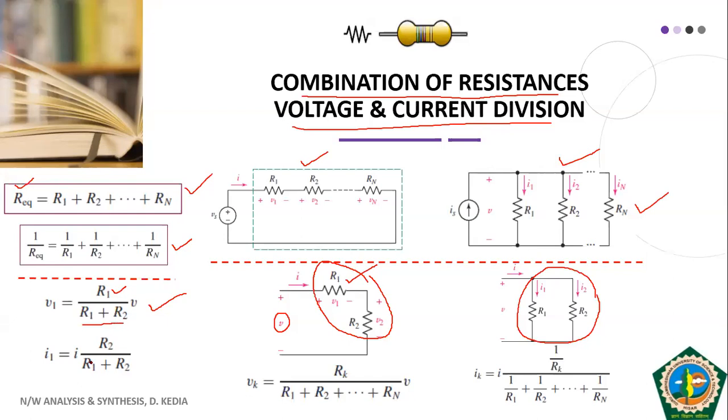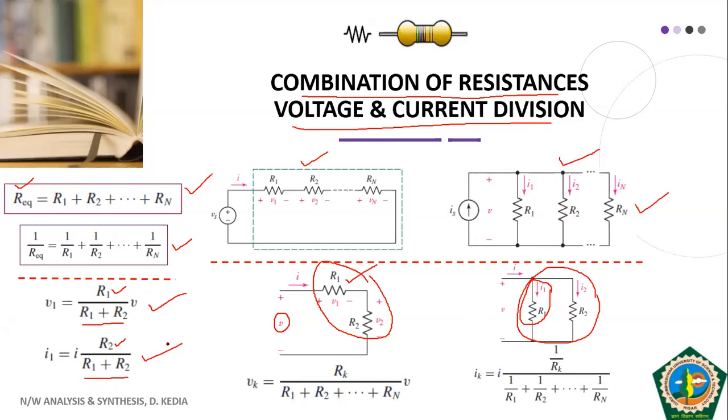In current division this is reversed. If you want to find the current through R1 using current division, then in the numerator R2 will come, and in the denominator the sum of resistances will be there. You can compare these two and easily make out the difference between the two.